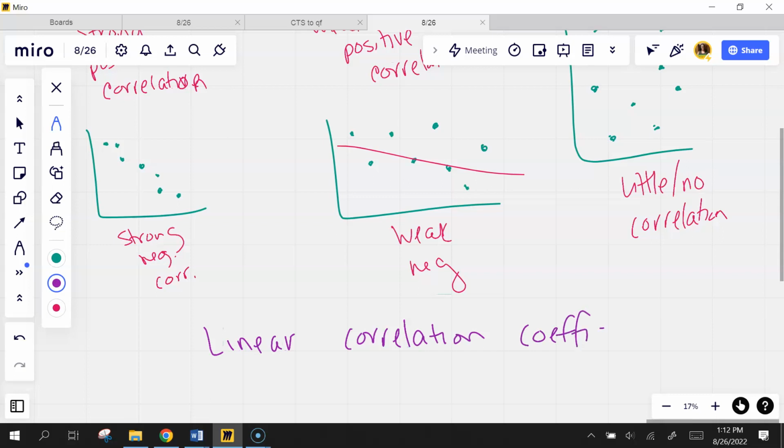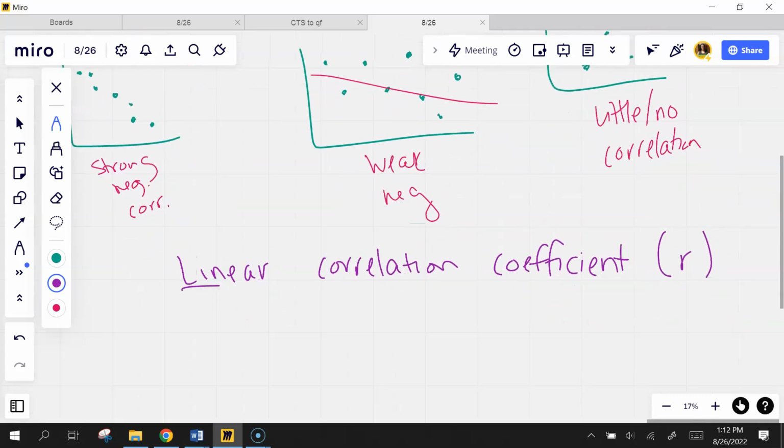This is getting into a little bit of statistics, but we use it a lot in Algebra 2. We use the variable r, and it describes the correlation for us. And r is always going to lie between -1 and 1, inclusive.